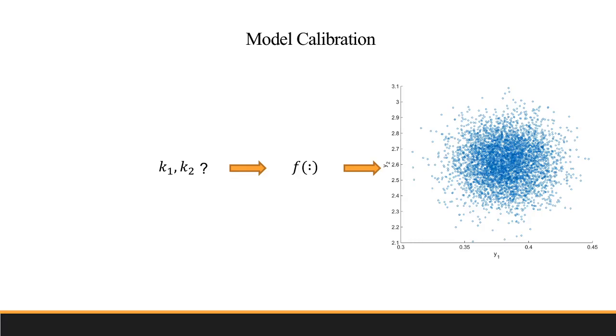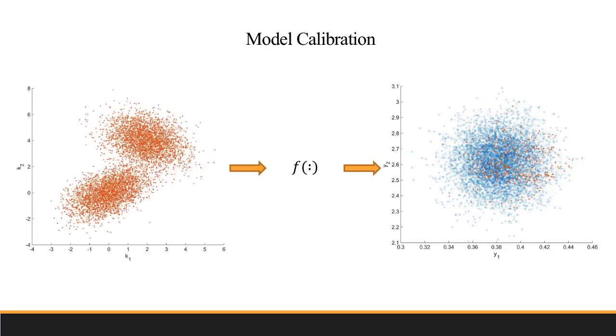Often the data comes with some sort of uncertainty, and you'd like this calibration technique to capture the uncertainty in the output data. So you construct a probability distribution of your input parameters such that the output is somehow represented in these input parameters.